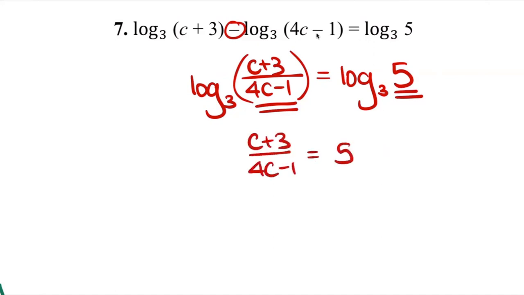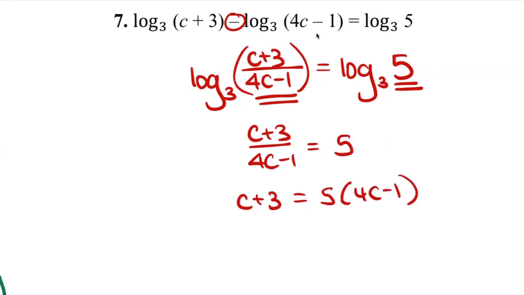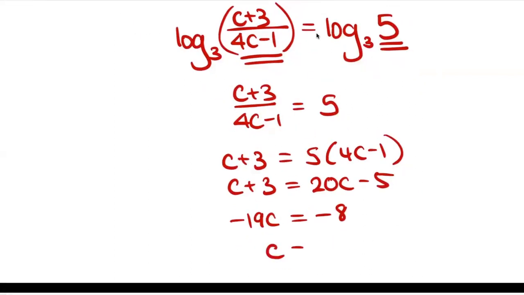All right, I'll multiply up the 4c minus 1 on both sides to get rid of that fraction. Distribute, subtract, and then divide. I get 8 over 19, which, let me just double check.